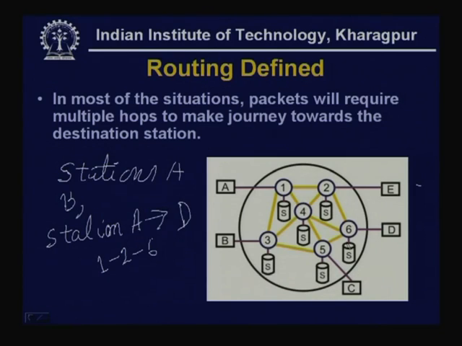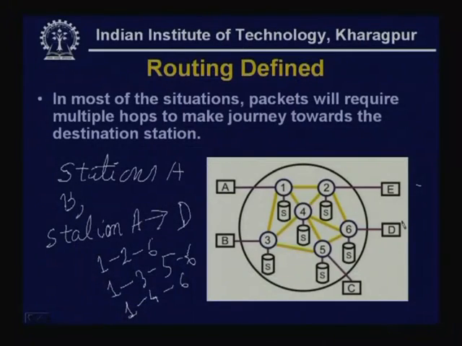As we find from this, this is not the only route or path. There exist several alternatives. For example, it can go via 1, then to 3, then to 5, then to 6, or it can go via 1, then to 4, then to 6. So, we find there are several alternative routes.